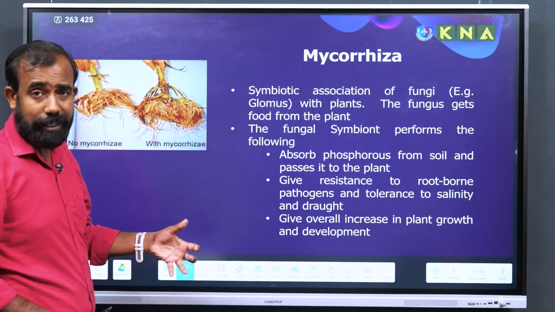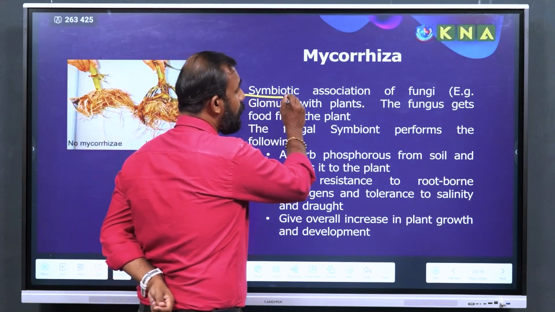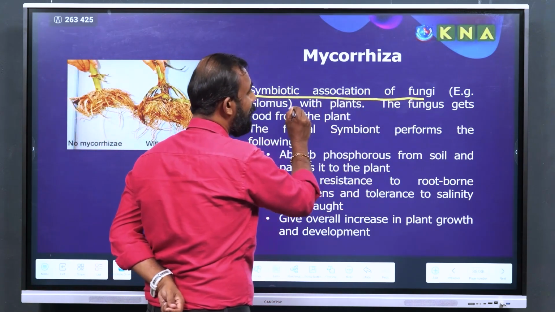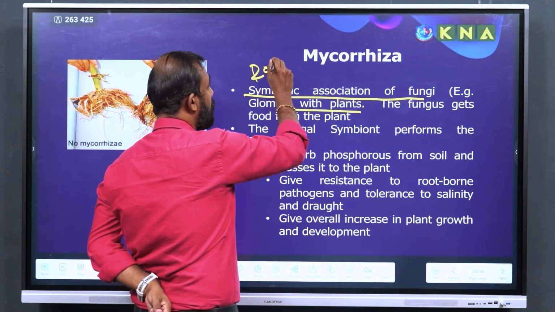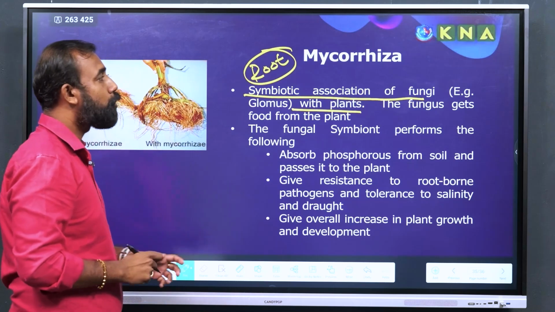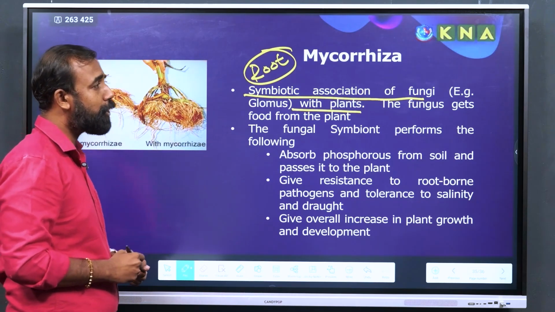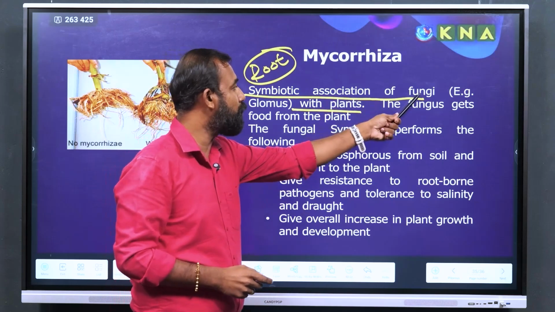Next one is mycorrhiza. It's very important. What is mycorrhiza? Mycorrhiza is a symbiotic association of fungi with the plants. Especially in the root, this association occurs in plants.